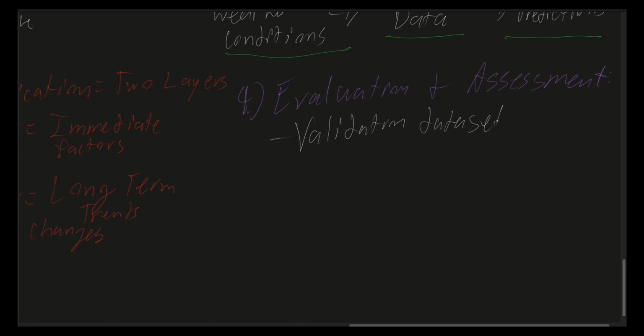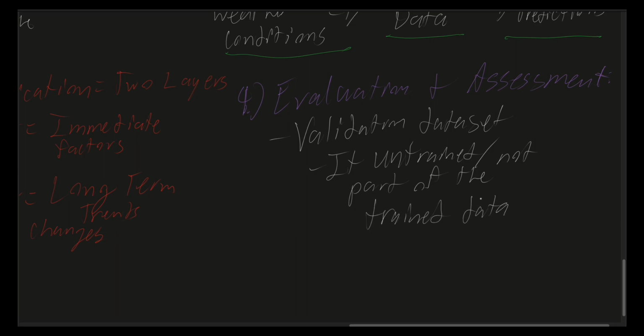And it could be something that comes from a database, can be from anywhere. But the point is that it's untrained, not part of the training data, and it's generalized for new situations.